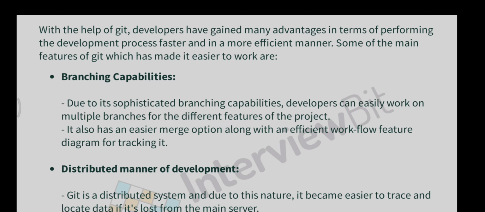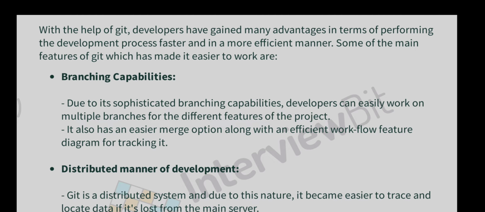Some of the main features of git which have made it easier to work are branching capabilities. Due to its sophisticated branching capabilities, developers can easily work on multiple branches for the different features of the project. It also has an easier merge option along with an efficient workflow feature diagram for tracking it.